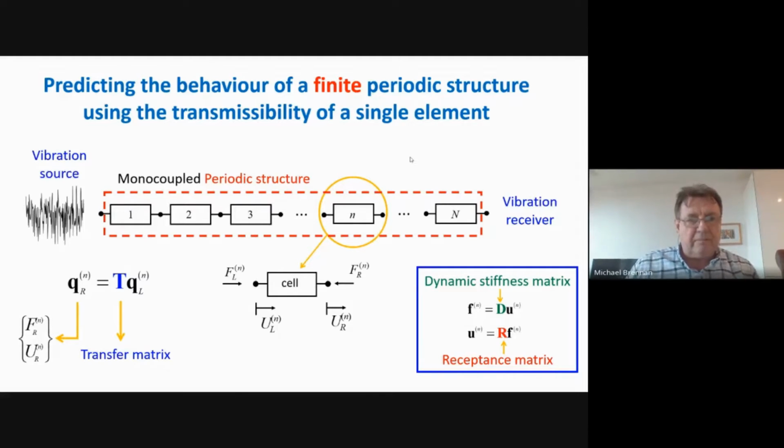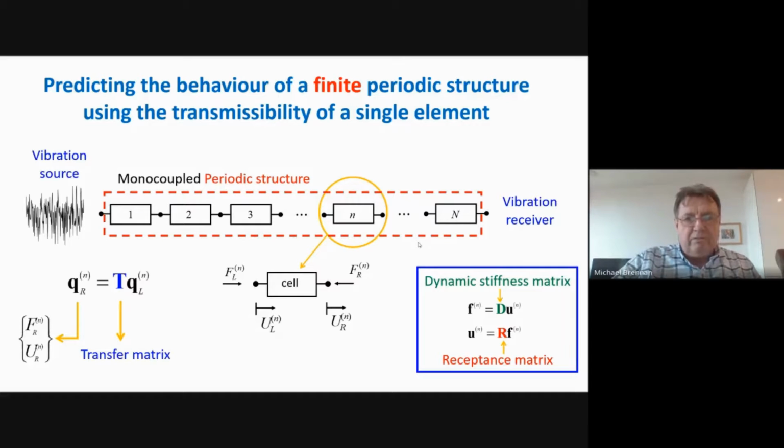So when I say behavior, what I mean is that on the left-hand side, you see there's a vibration source. And what we want to determine is how that vibration propagates through the structure. And so it propagates to the right, and how much of the vibration gets to the receiving structure.